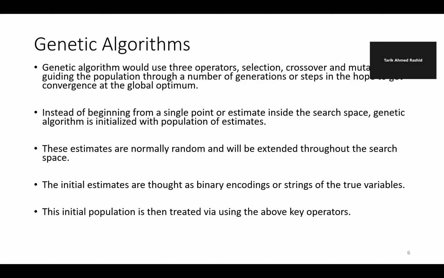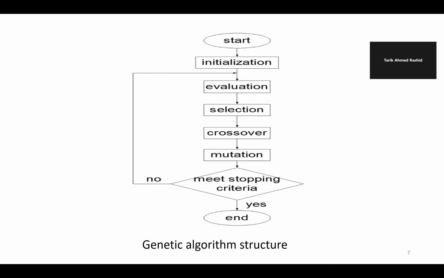The initial population is then treated with the key operators. Once you establish the population, those three key operators, selection, crossover, and mutation, will be applied and guide the algorithm until it arrives at the convergence point.